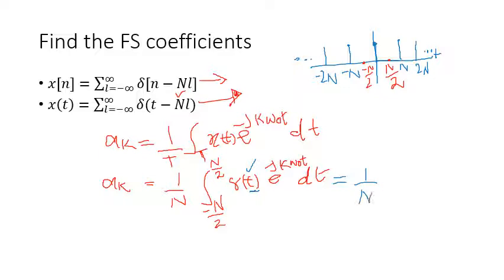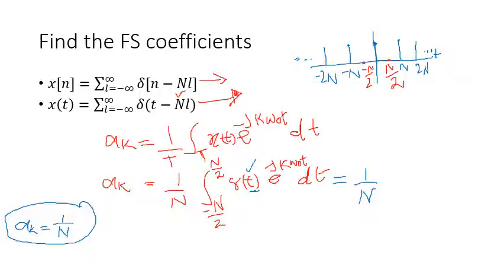This is the Fourier series coefficient for the continuous time case of the periodic impulse train with period equal to N. If I find its magnitude, it's a constant.